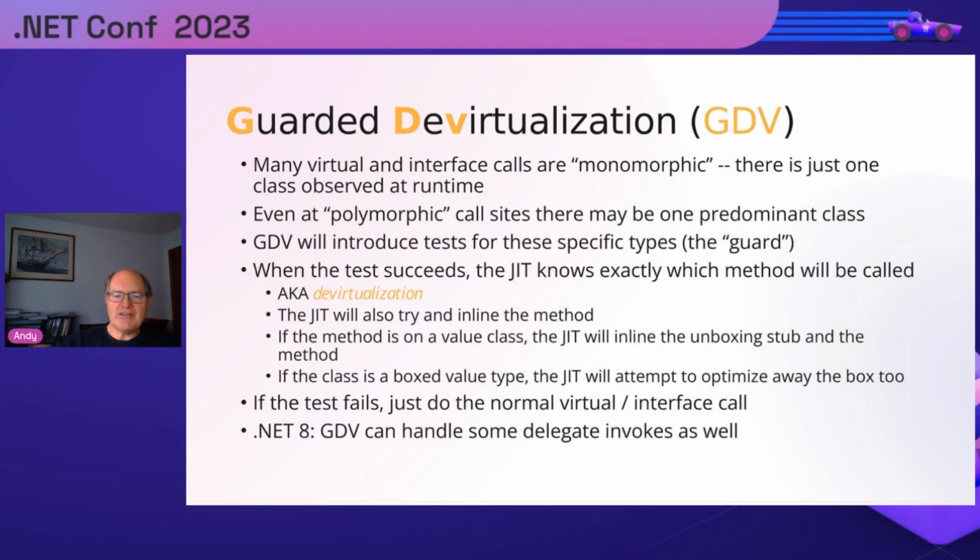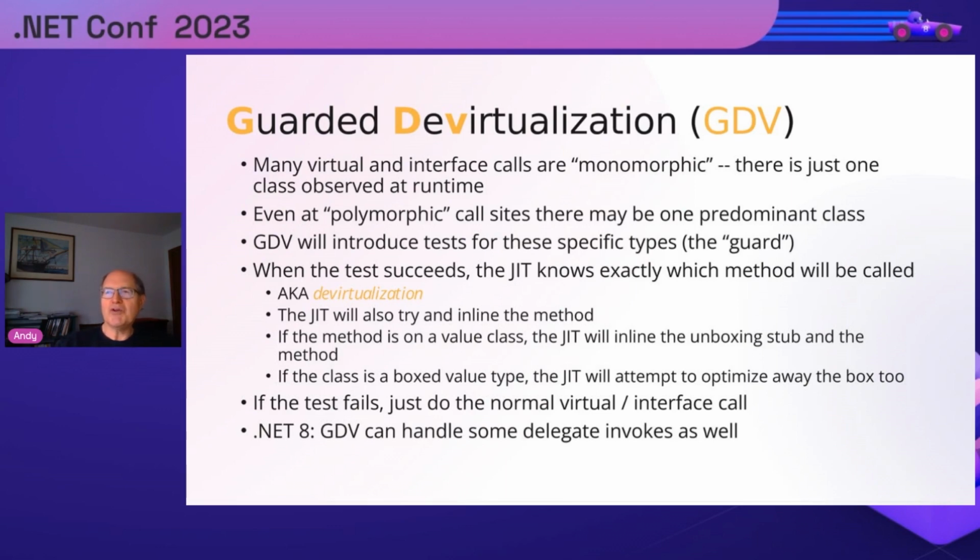We see that at this call site, you are always invoking the same interface method on the same class. And then we recompile the code and we add a test for that specific case, which we call a guard. If we see that that guard is successful, we know exactly what kind of data type you're operating on. We optimize for that case, typically by enabling inlining and other things that follow through from that.